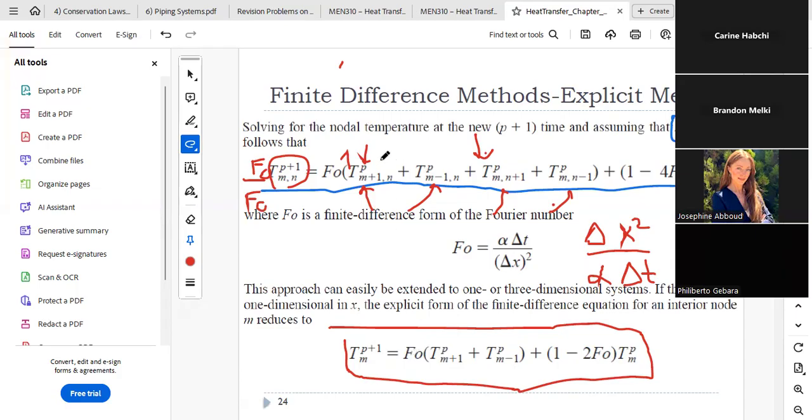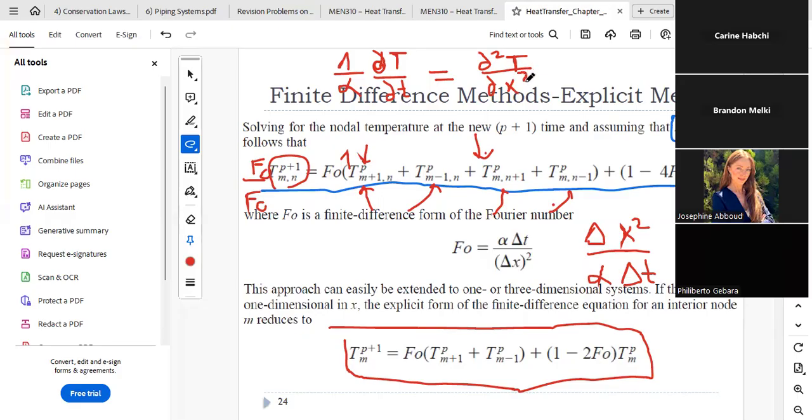First, my differential equation will just be 1 over alpha, derivative of temperature with respect to time, equals the second derivative of T with respect to x.